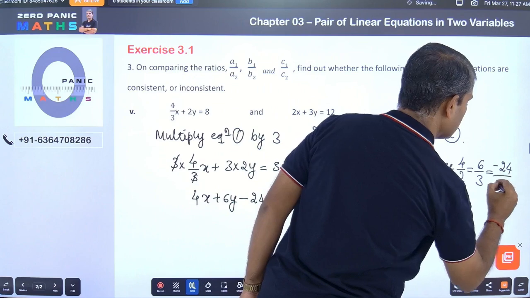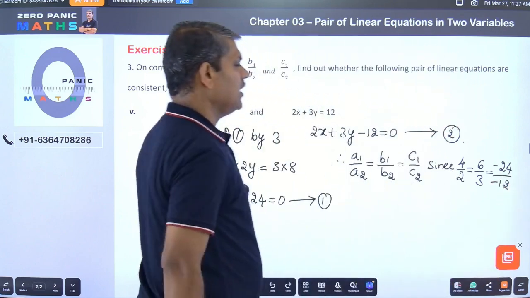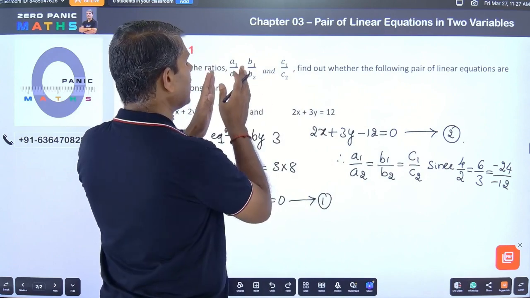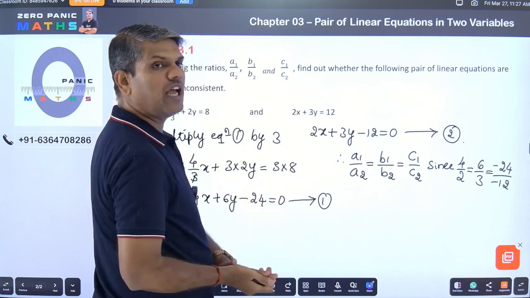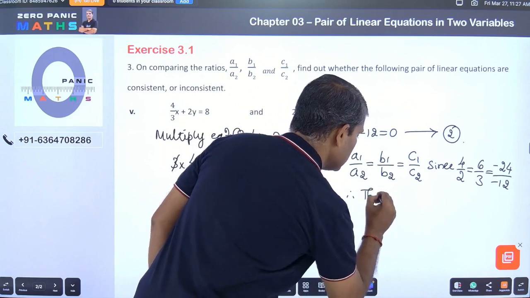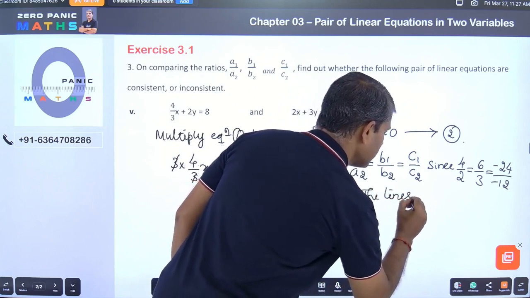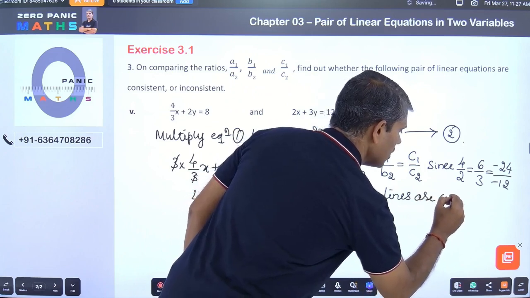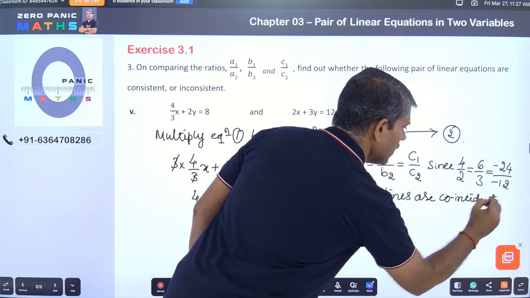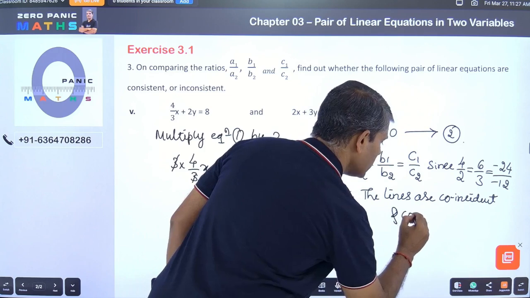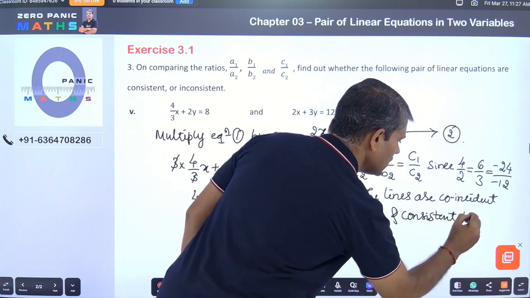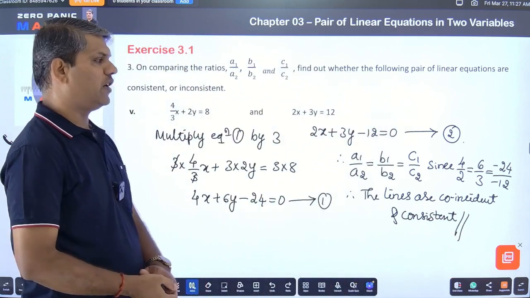Is it right or not? If all the ratios of the coefficients are equal, then the lines are coincident, and coincident lines are consistent. This is what is required for us.